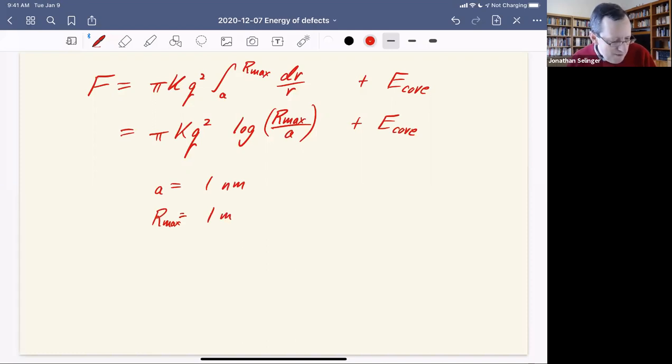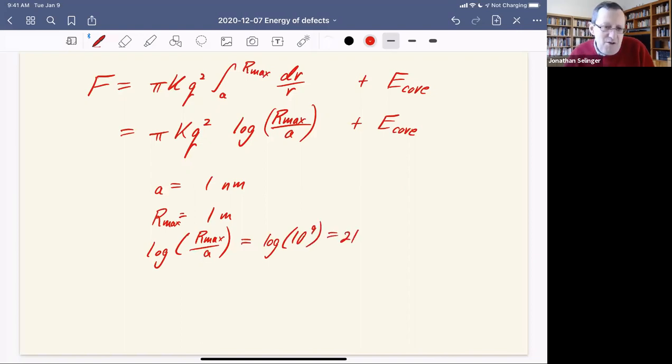That's a big experiment, but still the log of R max over a, the natural log of 10 to the 9, is just a factor of 21. That's not an enormous factor. It's a modest factor.